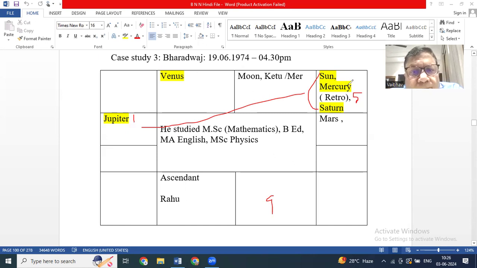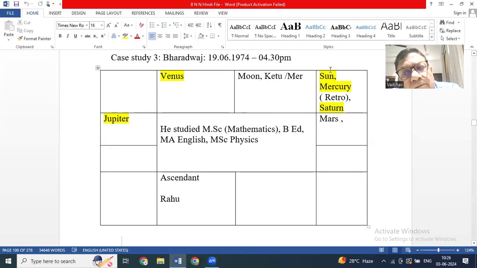And Mercury is there, business. He also did business. What does he teach? He is a teacher. Jupiter is aspecting Mercury, mathematics.